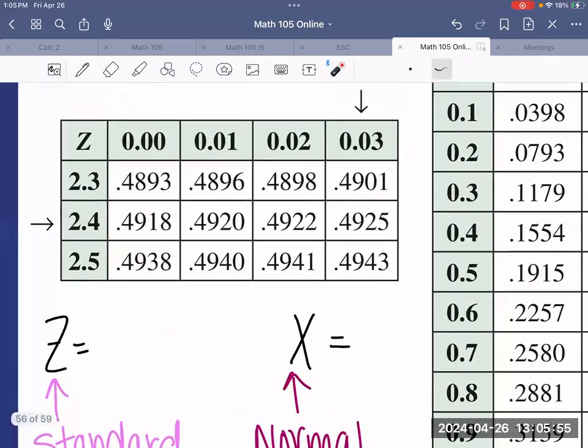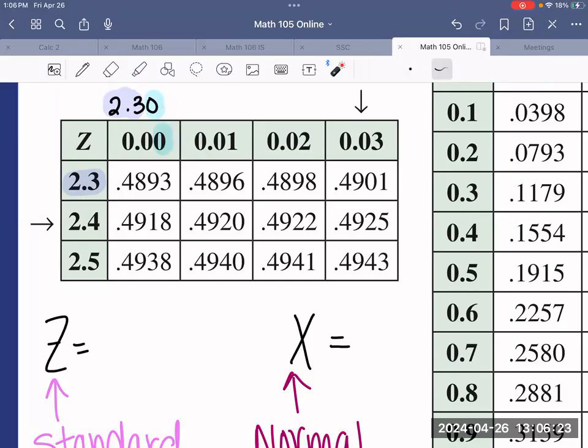Now there's a quick form right here. If we're looking for 2.30, we're always going to be starting with your first two values. Your first two, we're going to be looking at the column down below. So once you locate your column here, then we're going to go over to the very next value, 0, 0 being this decimal place, the hundredths place.